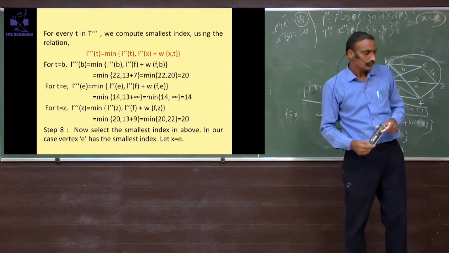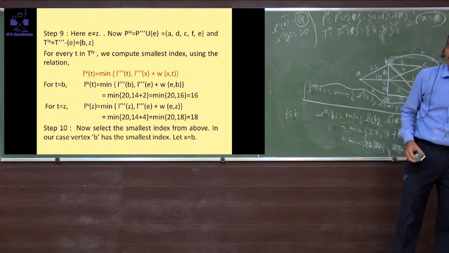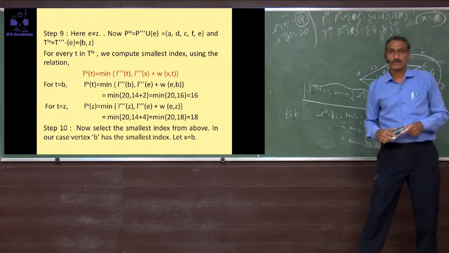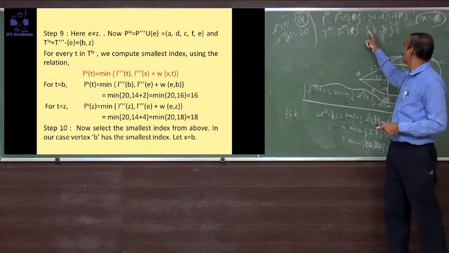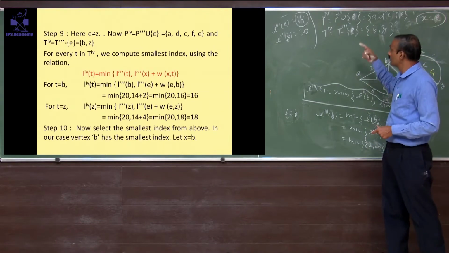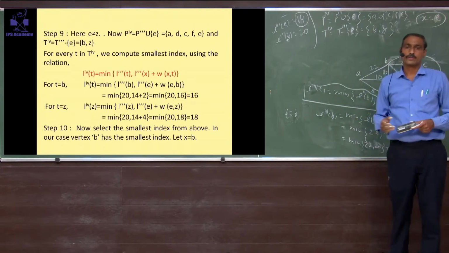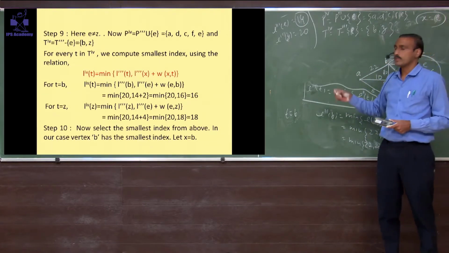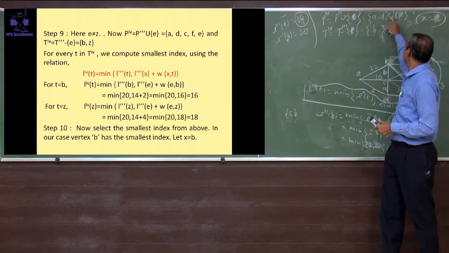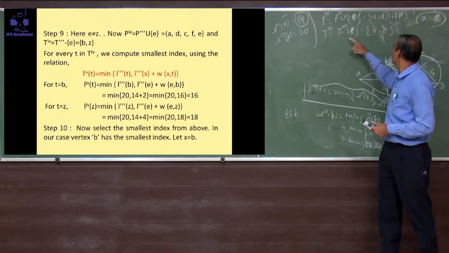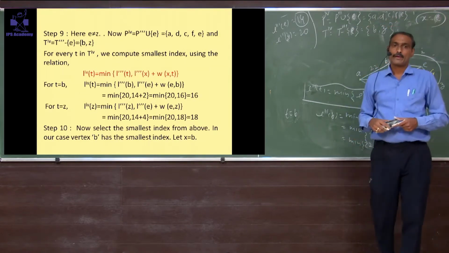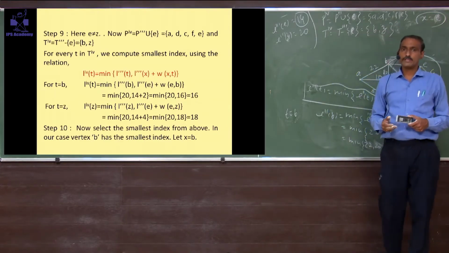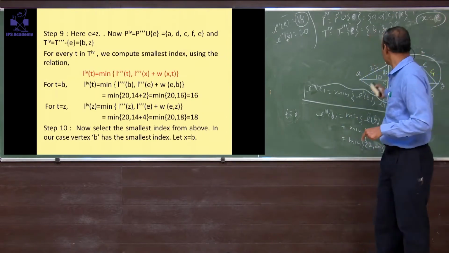Now we find the smallest index between B and Z. Our E is not equal to Z. It is not our final vertex, so we continue this process and create a new path here. P4, the fourth iteration, is A, D, C, F and E, and T4 is B, Z. Now for every T in T4, we compute the smallest index using the same relation.